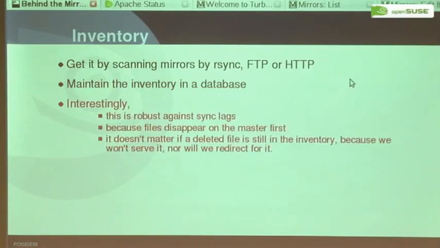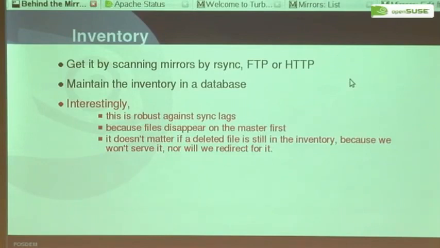and there's an interesting characteristic of this inventory. When we sync out new stuff to servers, then old stuff becomes obsolete and files are deleted on the mirror. In the database, in the inventory, the stuff will only disappear with the next scan of the mirror.